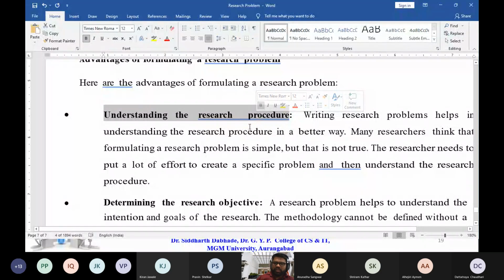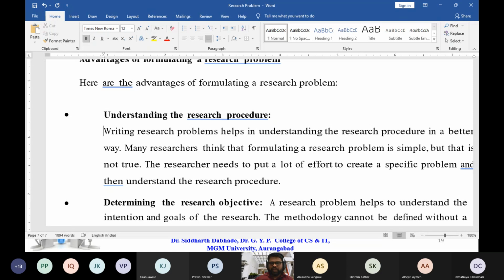How to write your research problem, how to take help from your colleagues, your research supervisor, or other research institutes, how to write a good research proposal, and the financial budget for your research work.